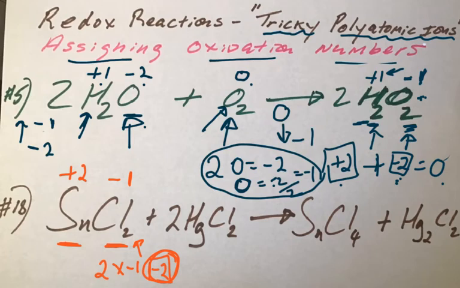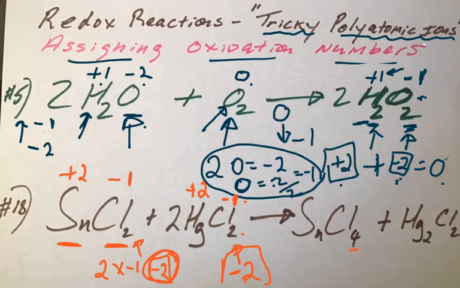Now here again, we have another compound with 2 chlorines in it, and each chlorine is -1. What's 2 times -1? It's -2. What plus -2 gives you 0? +2. All right, let's move on.